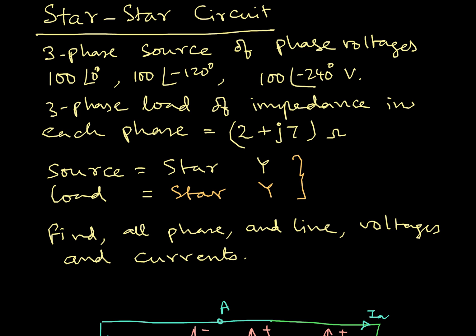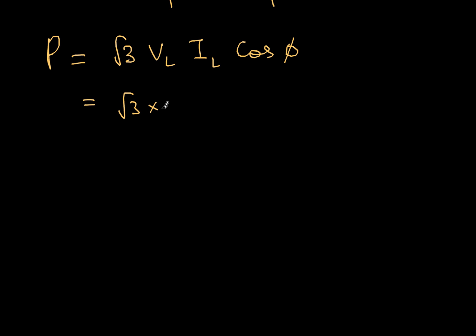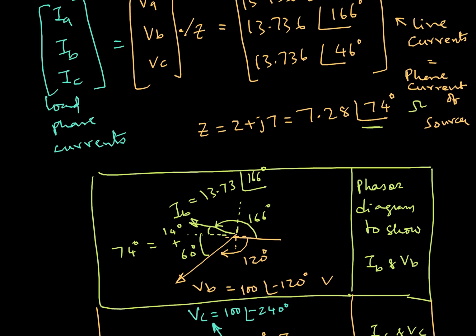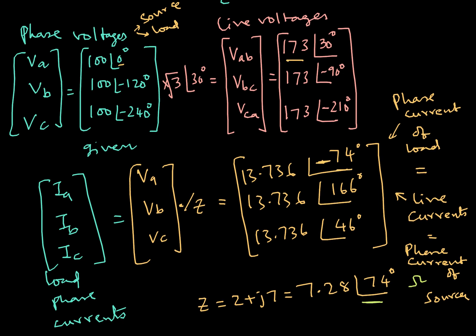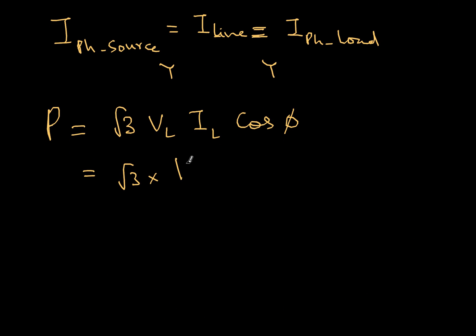Before we wind up, let me calculate the total power. Total power is nothing but root 3 VL IL cos phi. So root 3, what is line voltage? If you go up, the line voltage we have here is 173. Any magnitude of line voltage I can take, 173. And what is the line current?